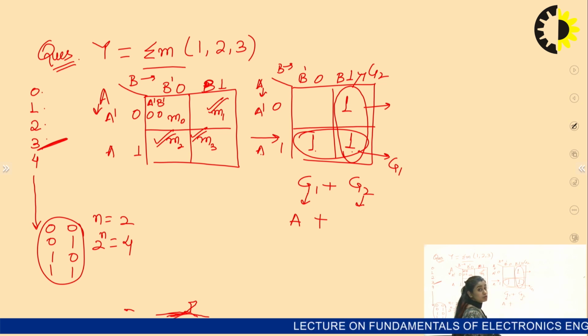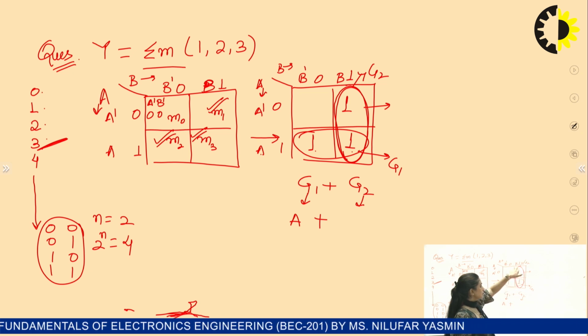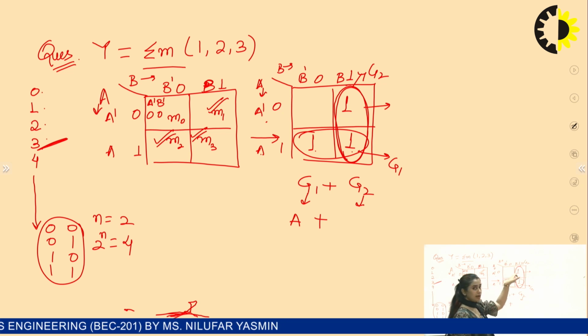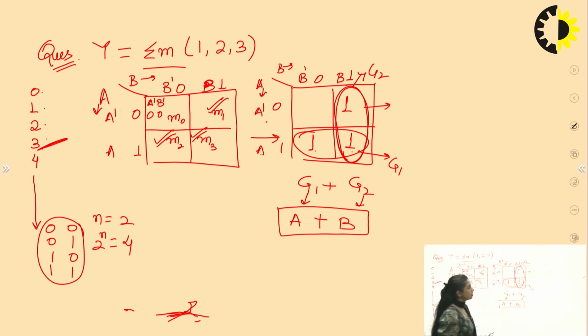Now if I talk about group 2, if I see from top to bottom as we are moving, the value of A is changing, A bar to A. Whichever variable is changing, we will not consider that. So A is eliminated. Now from here to here, we can see the value of B is not changing, which is 1, which is B. So group 2 will be named as B. So this is the possible solution for this question.